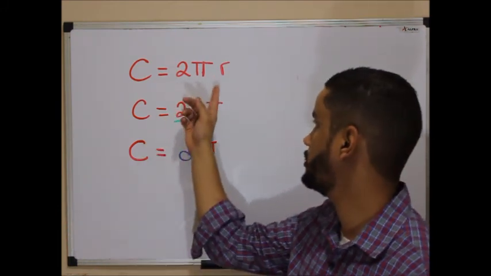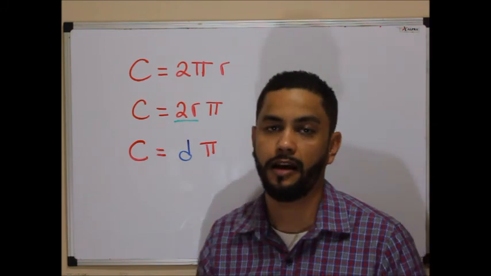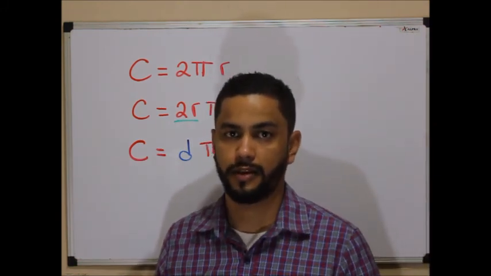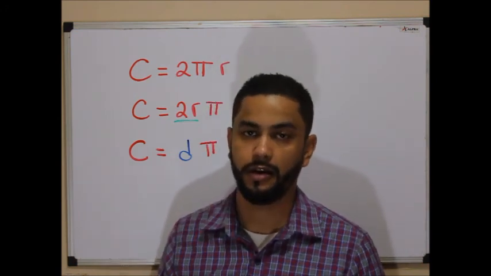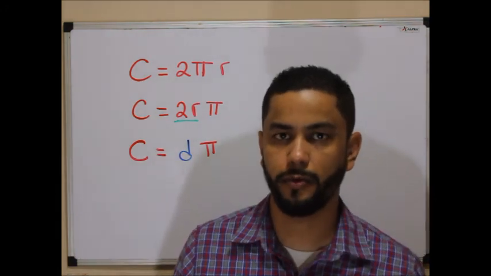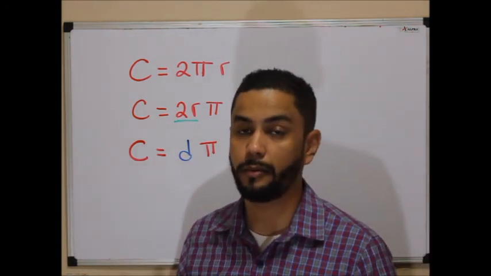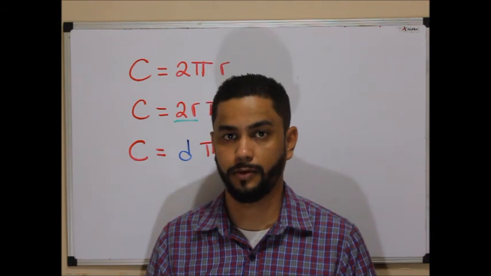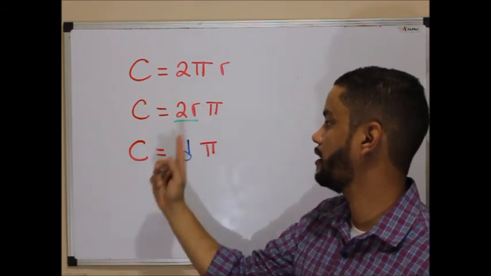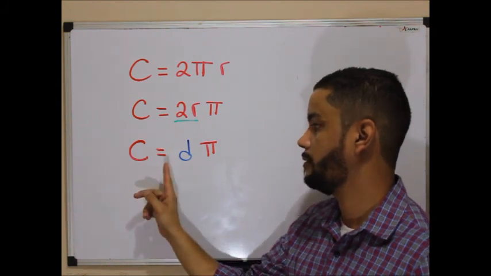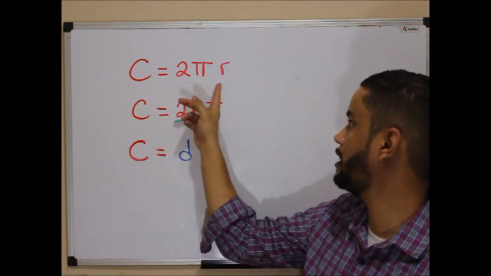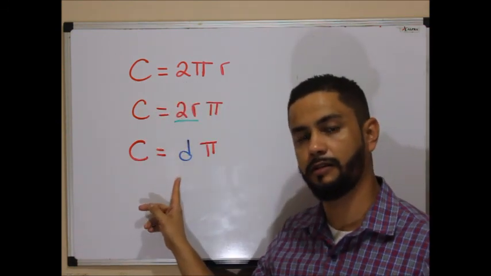If our radius is 7 and you don't feel comfortable using that 7, you can use instead the diameter. And what will be the diameter of our circumference with radius 7? The diameter will be 14. Okay? So that is how this formula and the second formula are related, because 2 and r makes diameter.